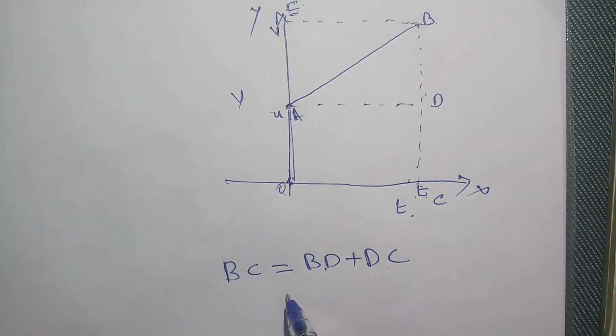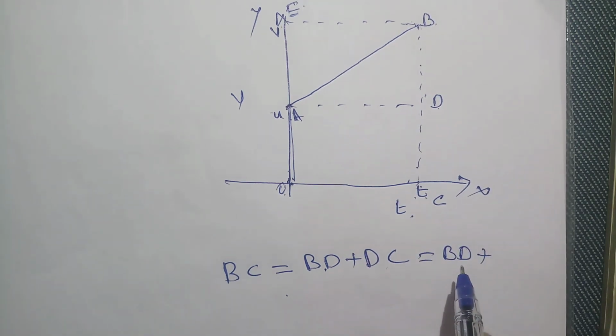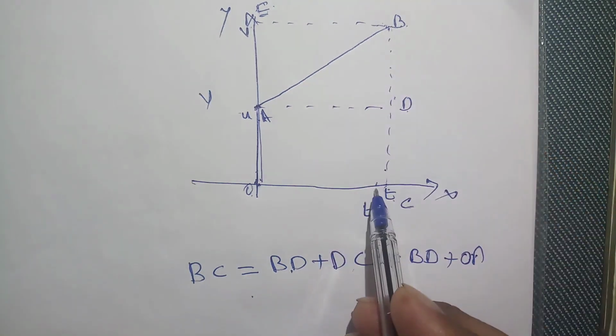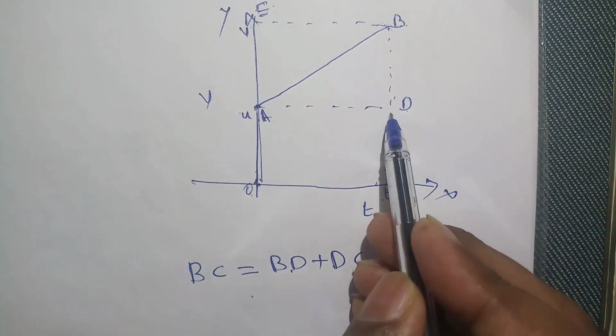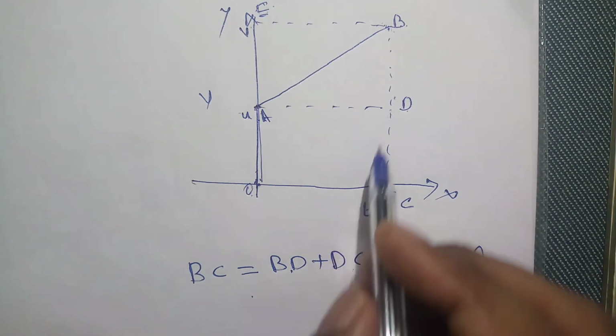That is this total length. So this can be written as, this is same as BD plus OA. That is, this total length is this one plus this one. Or instead of this distance, we can take this one also. Or what is this total length?